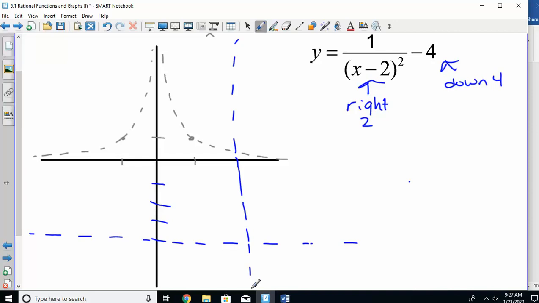So now we only plotted 2 exact points, so just move each of those right 2, down 4, and then sketch the curve. So we don't have to have more points. I'm kind of lenient on these. If you can do the positive 1 and negative 1 and then just sketch in the rest, that's fine.